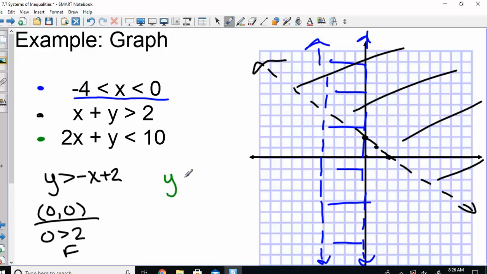Final one. This one has a y-intercept of 10. Slope is -2, so down 2 over 1. Again, dashed.